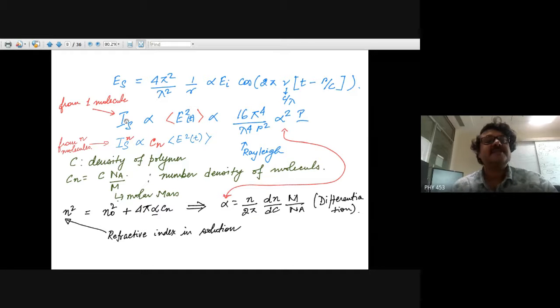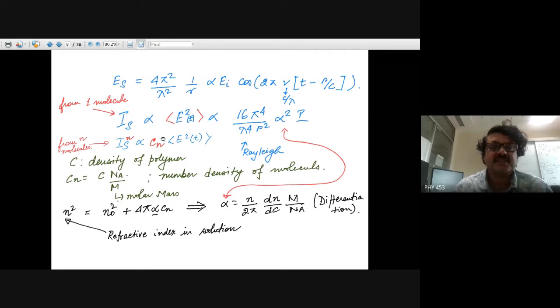And so the scattering intensity from one molecule depends upon the time average quantity, E squared, the function of time, expectation value, which basically means that if you square this, you get polarization squared, dipole moment, sorry, this is the incident intensity, and you get these extra prefactors, which is called the Rayleigh prefactor, right?